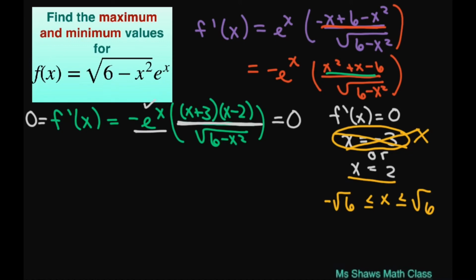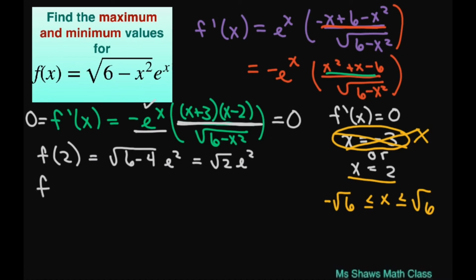And x equals negative square root of 6 and square root of 6. So basically what we're going to do is look at f of 2. At f of 2, that's going to give you square root of 6 minus 4 times e squared. That's going to give you square root of 2 times e squared.